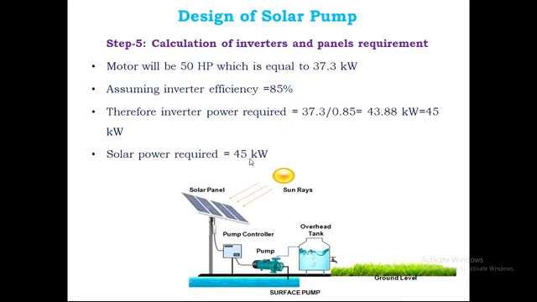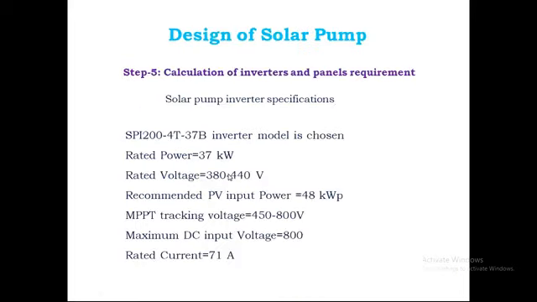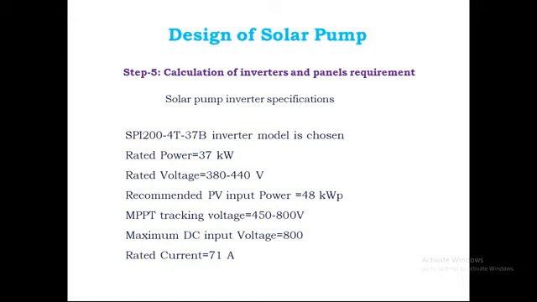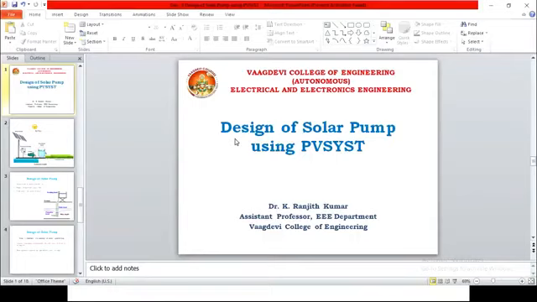So solar power required is how much now? 45 kilowatt. Now with respect to this 45 kilowatt, we have to choose the inverter. So I have chosen a solar pump inverter of this model. I will show this model's specifications.